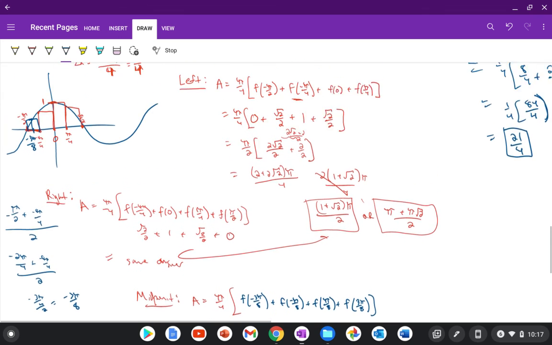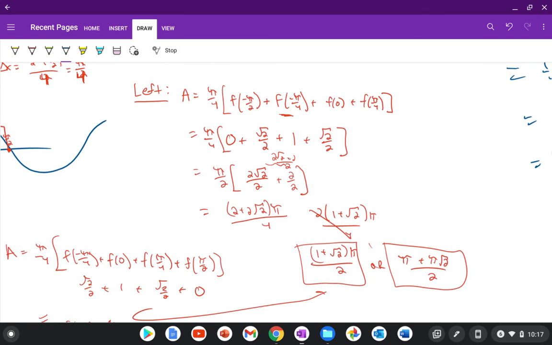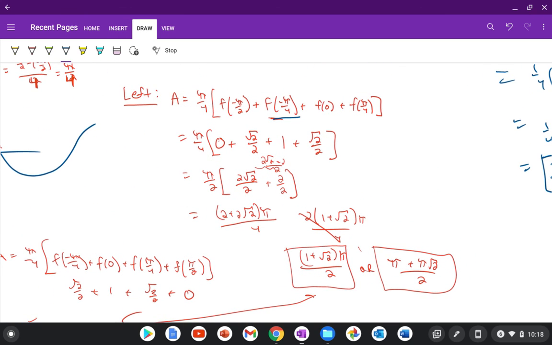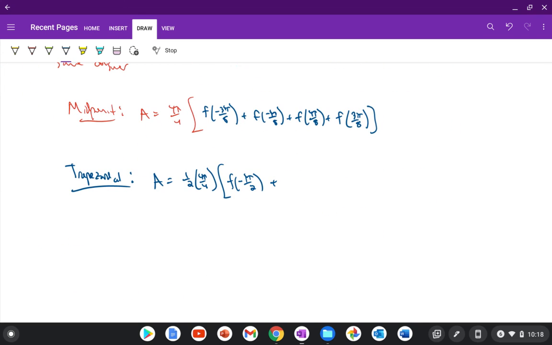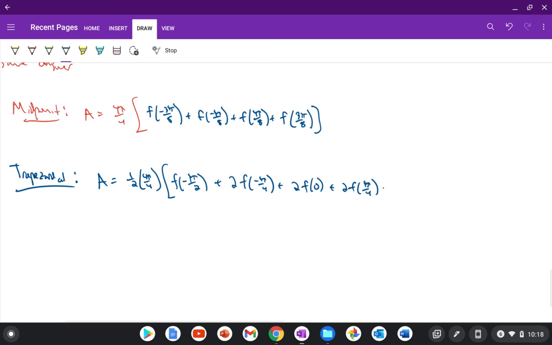We just start with the beginning on the left, which is negative pi over 2. And then the next one is negative pi over 4, that's going to be twice: plus 2 times f of negative pi over 4, plus 2 times f of 0, plus 2 times f of pi over 4. And then we end with the last one just once. That's f of pi over 2.